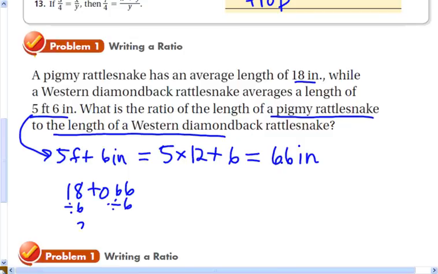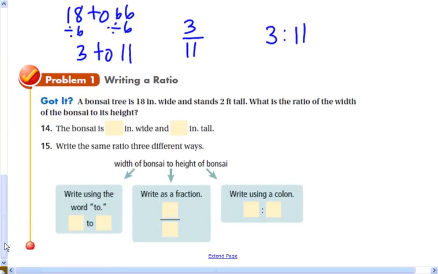And we get 3 to 11. We could also write it as a fraction, like that, 3/11, or we could write it using the colon. So all those give us the ratio of the length of the pygmy rattlesnake to the length of the western diamondback. All right. Pause here if you want to try it.